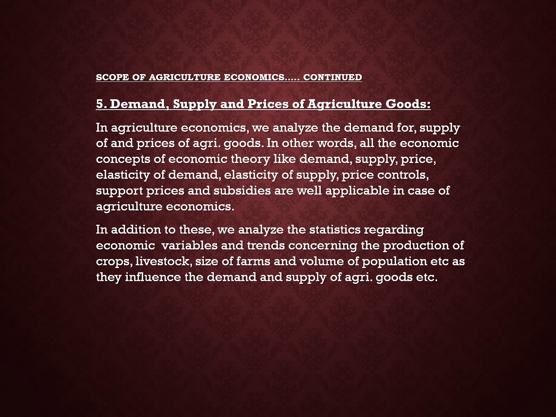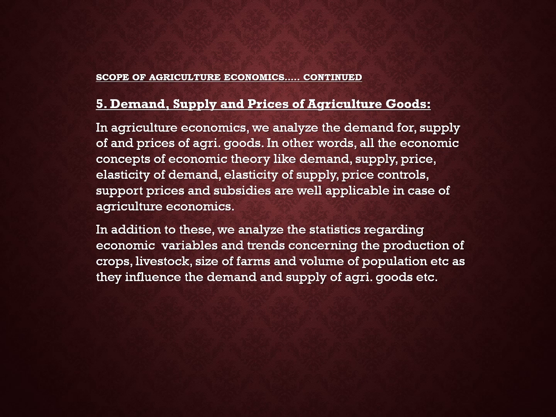And number 5, another scope of agricultural economics, is demand, supply, and prices of agricultural goods. In agricultural economics, we analyze the demand for, supply of, and prices of agricultural goods. In other words, all the concepts of economic theory like demand, supply, price, elasticity of demand, elasticity of supply, price controls, support prices, and subsidies are well applicable in the case of agricultural economics.